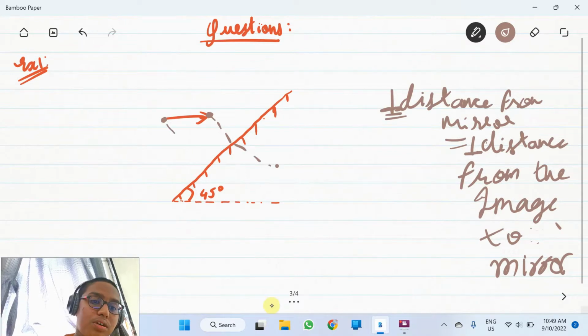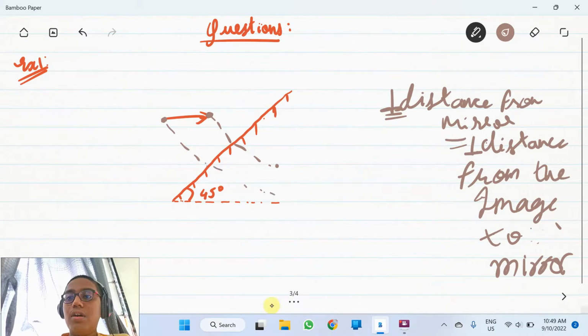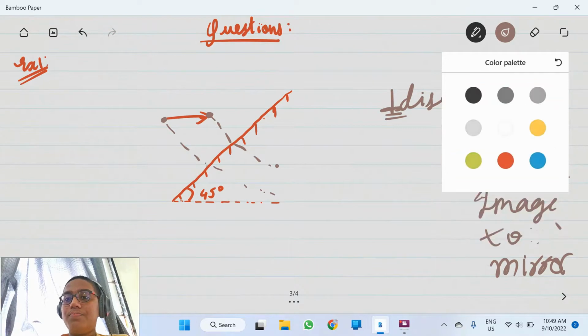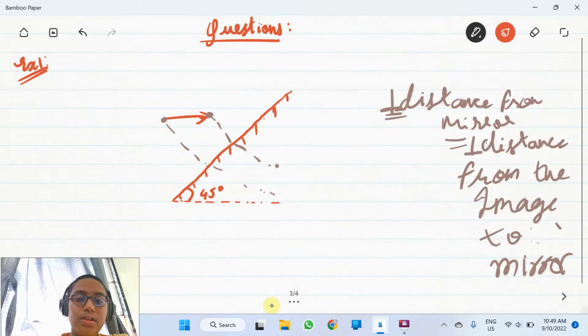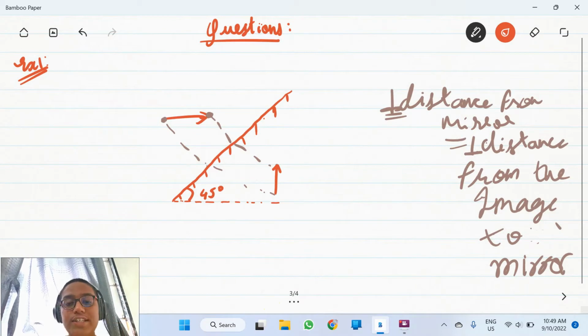Now perpendicular distance here also. Now let's draw the arrow. The image will be some sort of like this. So the perpendicular distance is the thing we are talking about. So it's very important to be aware of this. Okay. Now let's move to the next question.